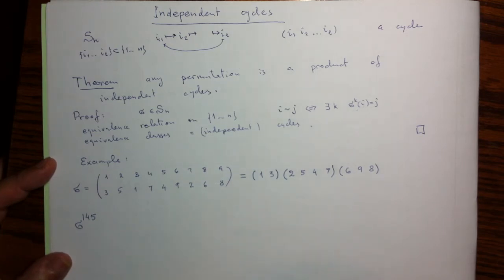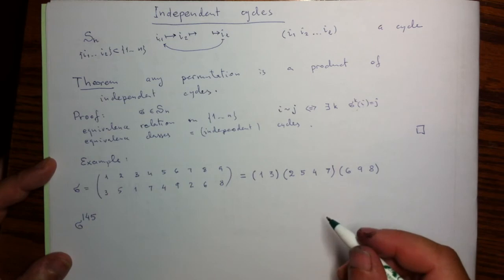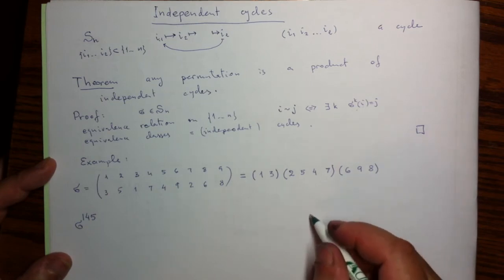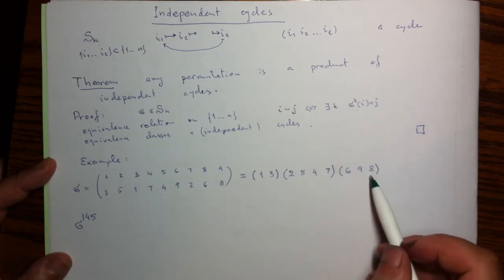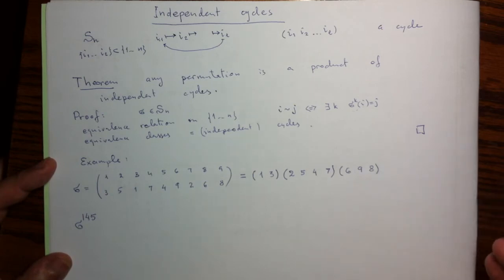And for some practical reason, what we can observe is that each cycle repeated as many times as its length will be the identity.